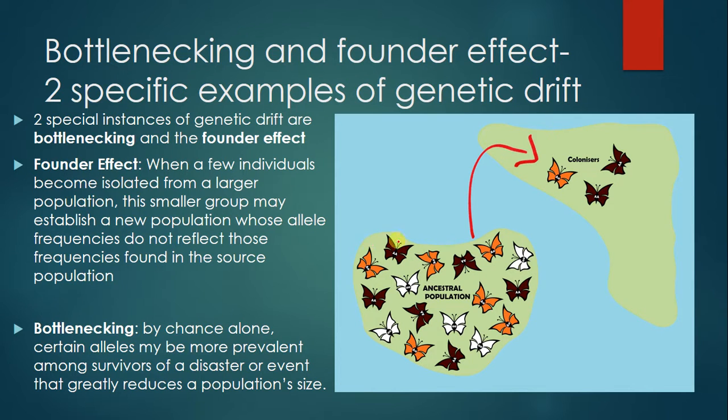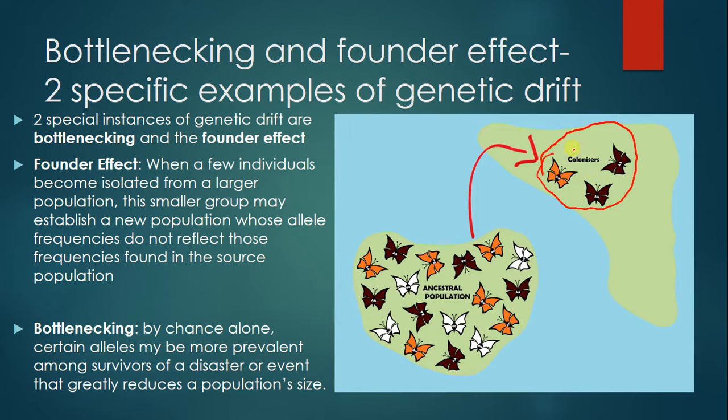When a few individuals become isolated from the regular population, so here's a regular population of butterflies with specific phenotypic traits for color, and they emigrate to colonize a new area, this smaller population might not closely reflect the allelic frequencies of the source population.